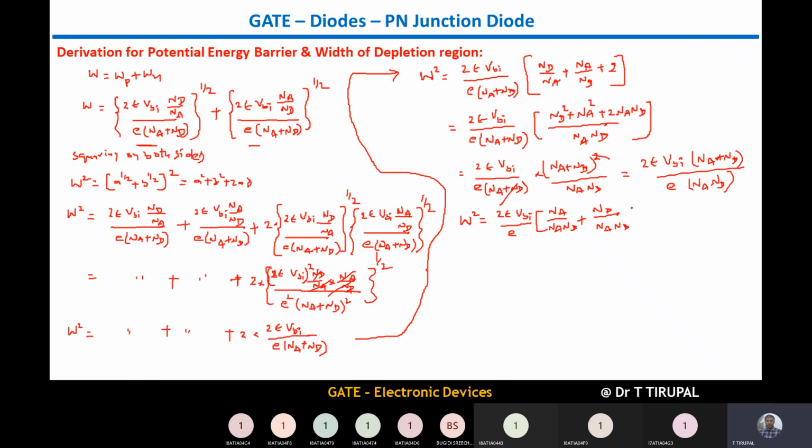So nothing changes. Here ND cancels, here NA cancels. What remains now? W square is equal to 2 epsilon VBI divided by E into 1 by ND plus 1 by NA.